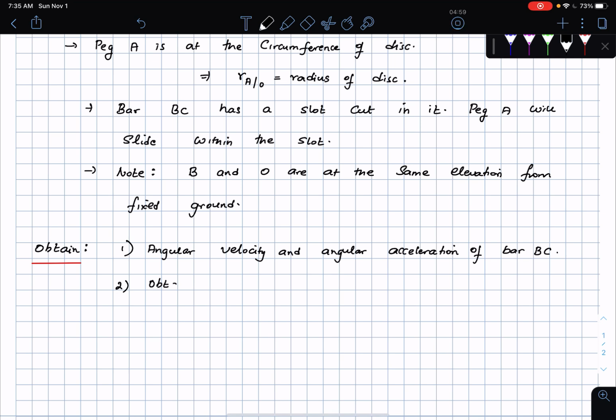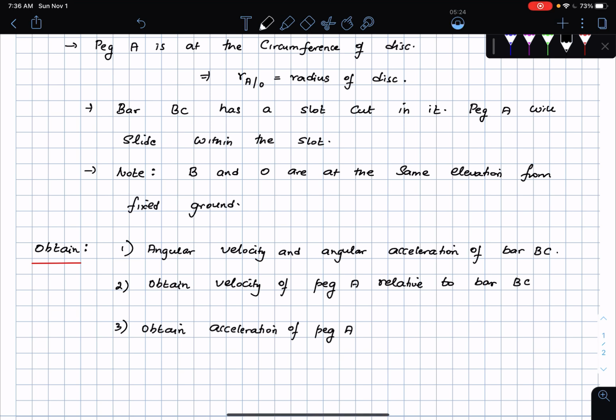So obtain the velocity of the peg A relative to the bar BC, and the third thing is we'll obtain the acceleration of peg A relative to bar BC.